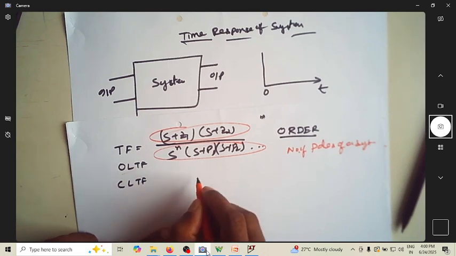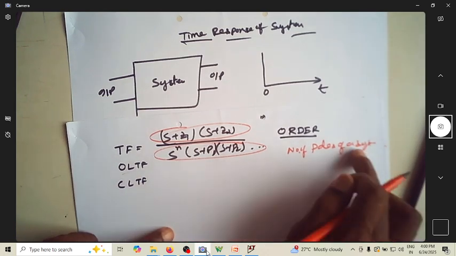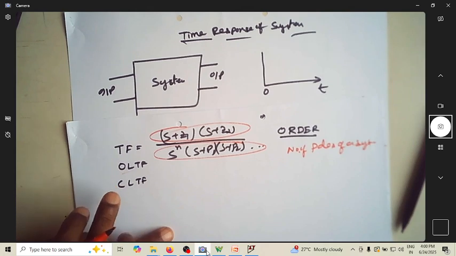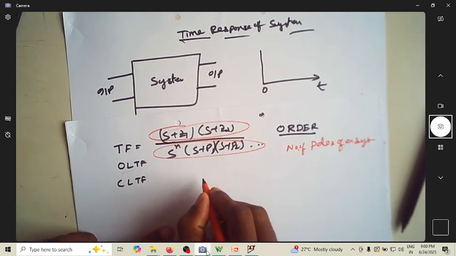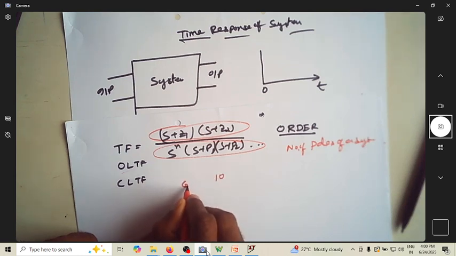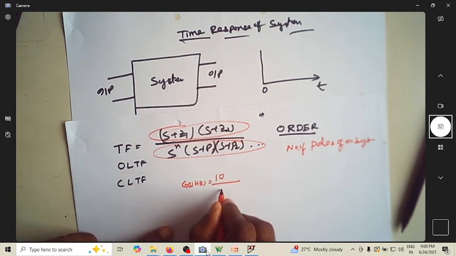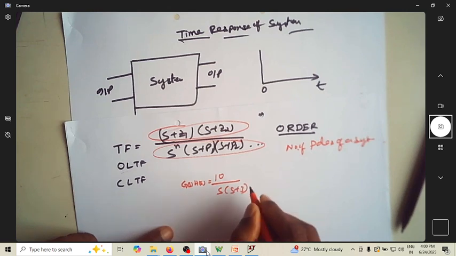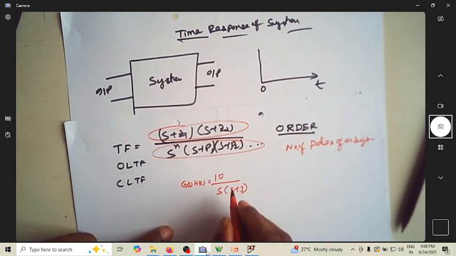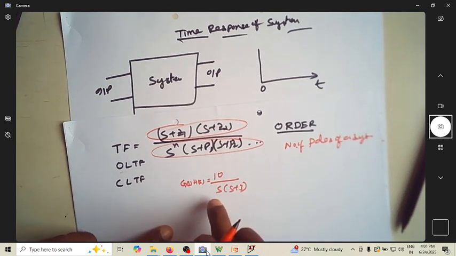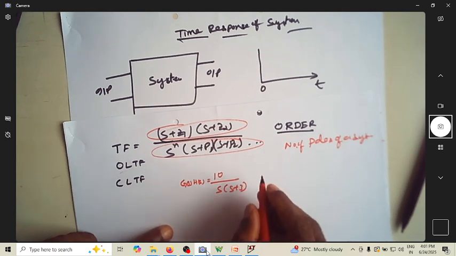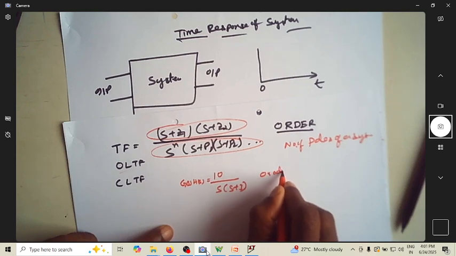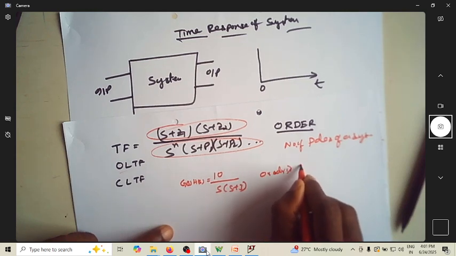Now this is irrespective of whether it is an open loop transfer function or a closed loop transfer function. Assume that G(s)H(s), which is an open loop transfer function, is 10 by s into s plus 3. Then what is the order of the system? Because you have one pole here and a second pole here, the order is 2.